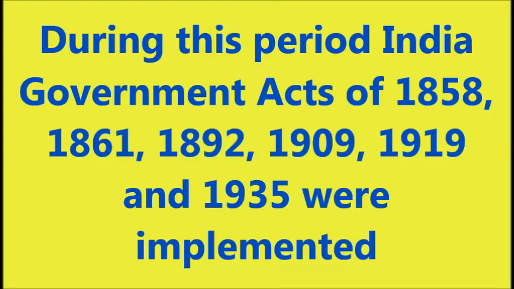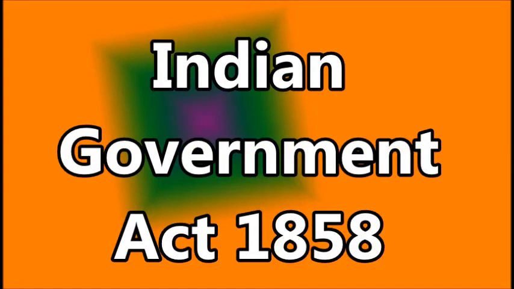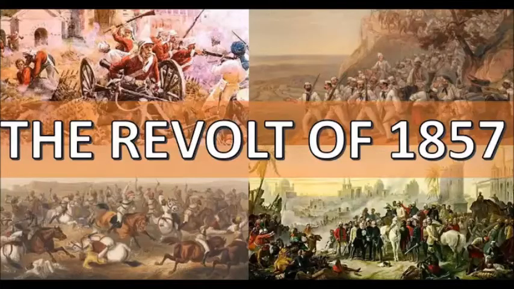Now, let us learn Indian Government Act of 1858. This act needs to be understood in the backdrop of civil and military unrest that took place in 1857. The administration of India came under the direct rule of British government.